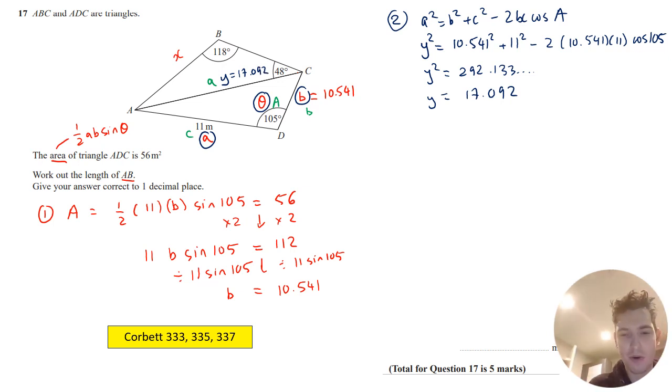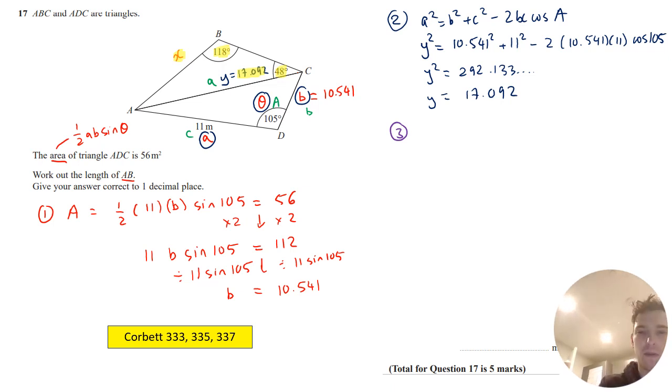Now, I'm probably quite close to getting the answer because I've done two things already. Let's have a look now at triangle ABC. I can see I've got this side, this angle opposite, and another angle, and I need to work out that side opposite. So now I can use my sine rule to find that side length x.